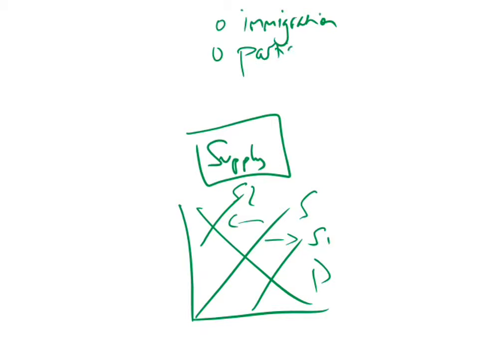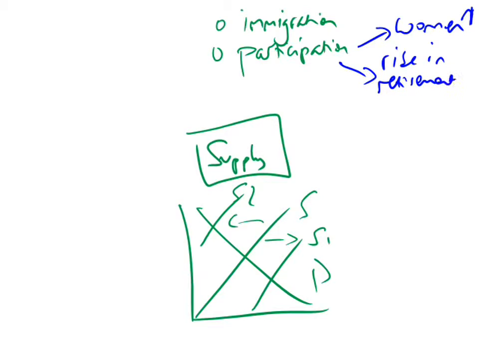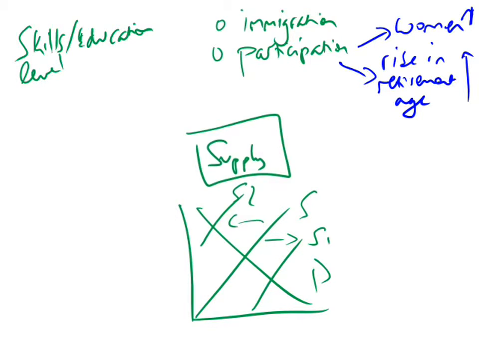The participation of various groups, and some of the significant ones in recent times are an increase in women in the labour force, but also a rise in the retirement age, which has also had the effect of increasing participation and increasing supply. In specific markets, the education and skill level of people. So increases in education or increases in spending can increase supply in specific markets.